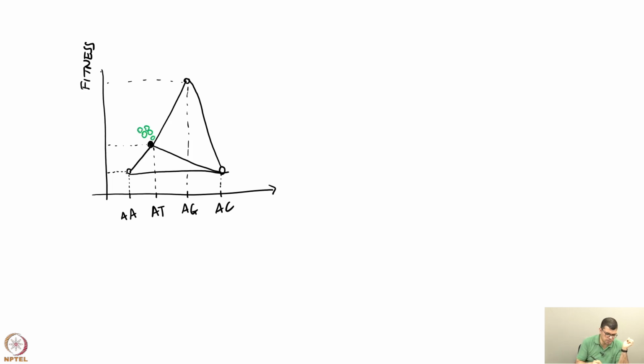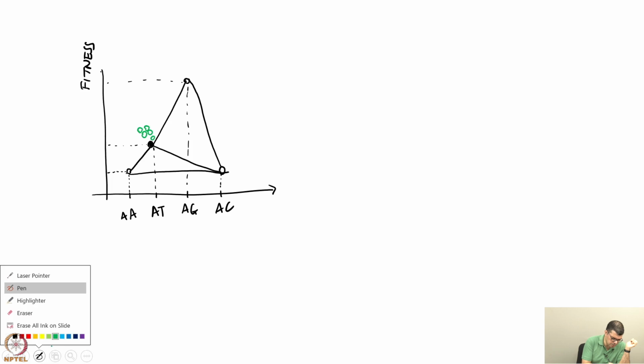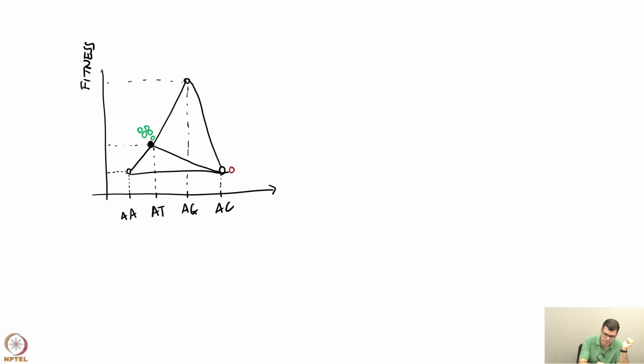One member of this population could acquire a mutation and come to AC. This movement from there to there leads to a decrease in fitness. The transition that happened here was AT going to AC, so the mutation was T going to C. This mutation has led to a decrease in fitness, and hence this mutation is a deleterious mutation.